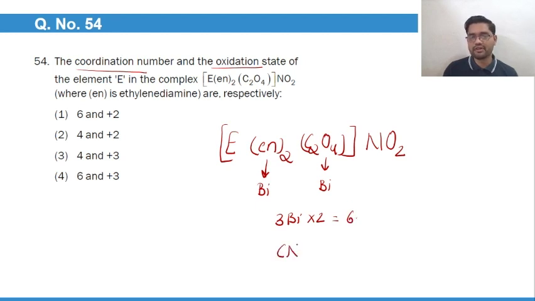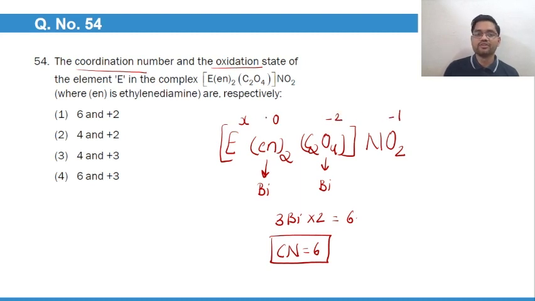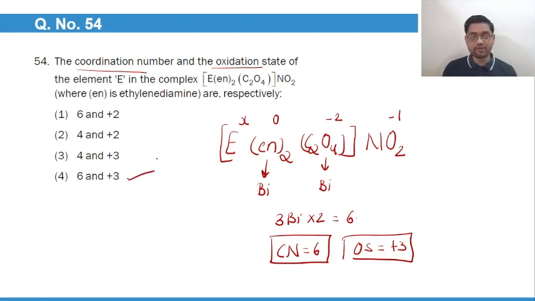Right? Now we don't know the oxidation state. En is a neutral ligand, whereas this is an oxalato ion, that is -2. NO2 is -1. So x - 3 = 0, that is x = +3. So the oxidation number is +3. So 6 and +3 goes to option number 4. That will be the best answer.